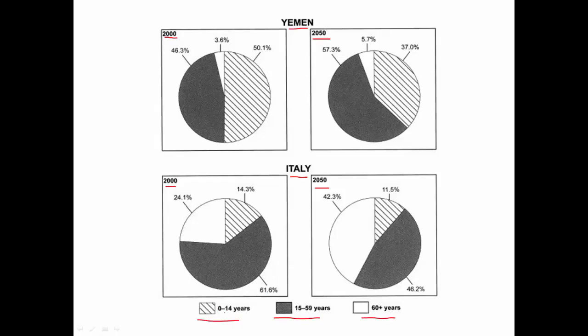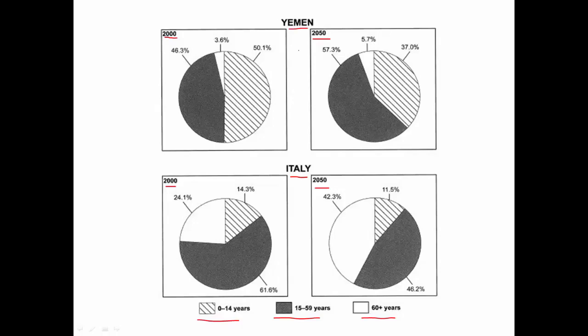So 0 to 14 years, 15 to 59 years, and 60 plus years. So you can see that unless you look at each piece of information, so the countries, the dates, and the key below, you won't really understand the graph, and you won't know the purpose of the graph and therefore what the key features are.